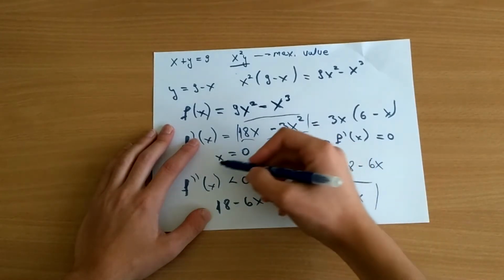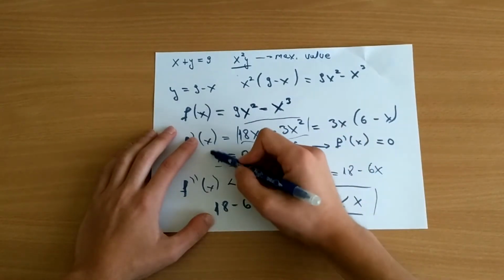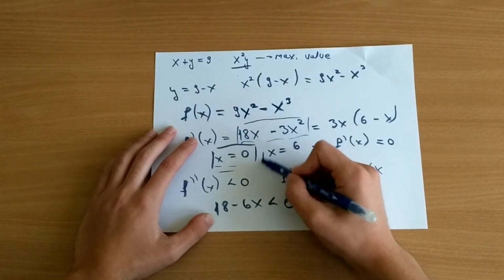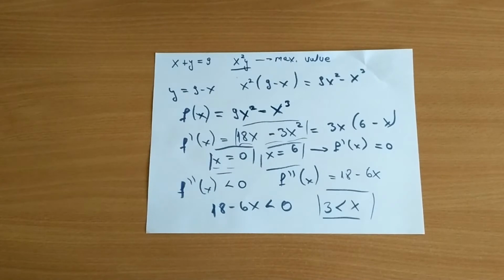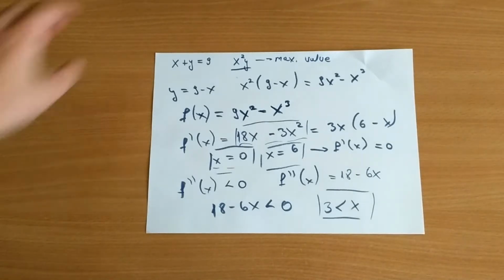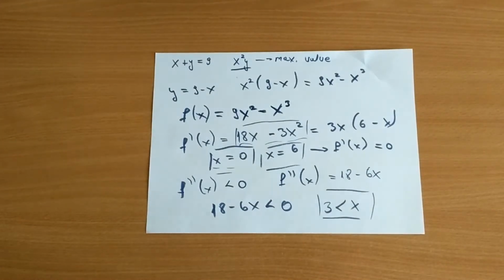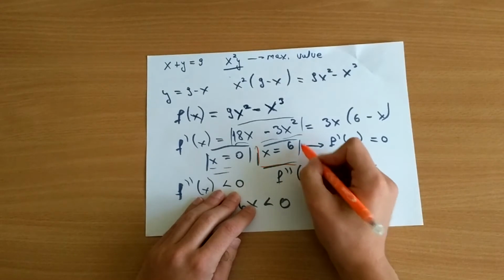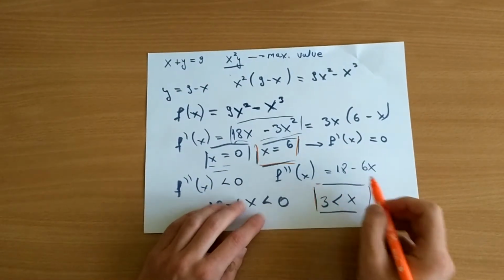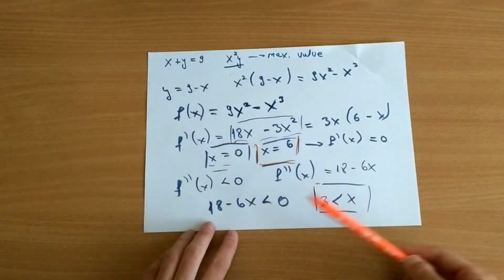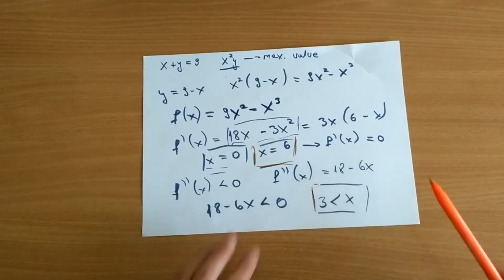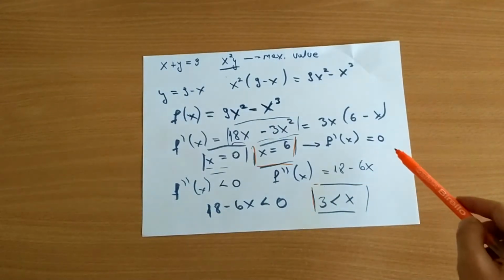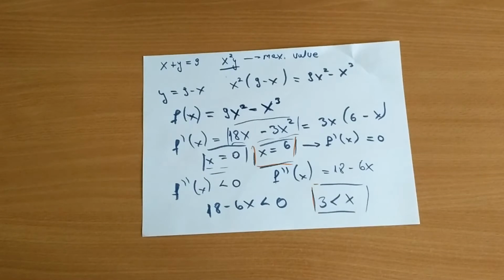Okay, so we have the critical points here: x is equal to 0 and x is equal to 6. Since only these 2 points are the critical points, we can clearly see that only x equal to 6 will satisfy this inequality. Since if we replace 0 here in the second derivative, 18 minus 6 times 0 will give 18, which is bigger than 0.